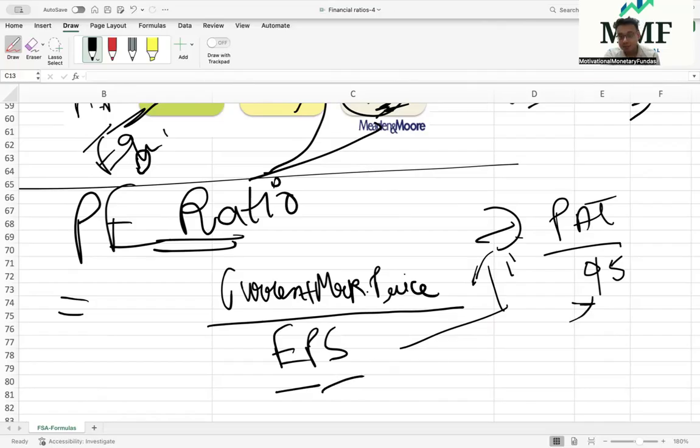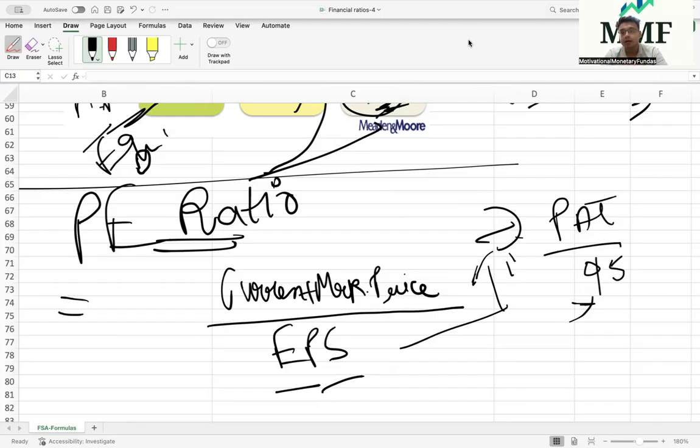So EPS in the market is a proxy for profit. Earnings per share is a proxy of profit. Correct? Higher the profitability of the firm, higher would be the EPS. Lower the profitability of the firm, lower would be the EPS. So EPS is basically telling you how much profit the company is making on a per share basis.